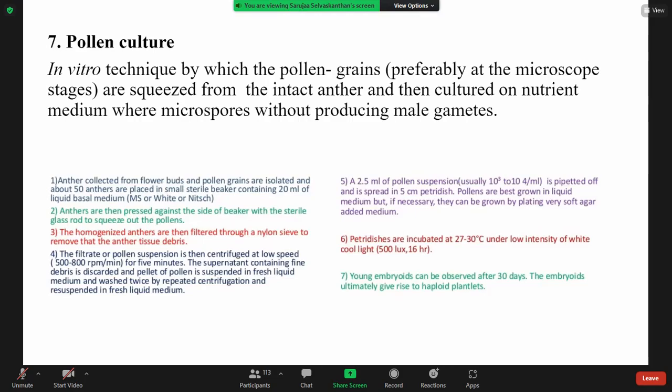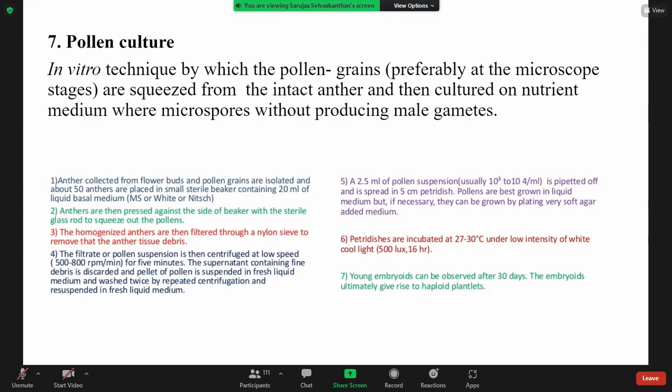Briefly, the steps: they are collected from the flower buds and pollen grains are isolated, and about 50 anthers are placed in small sterile beakers containing 20 milliliters of liquid basal media. Anthers are then pressed against the side of the beaker with a sterile glass rod. To squeeze them out, we can use the glass rod.